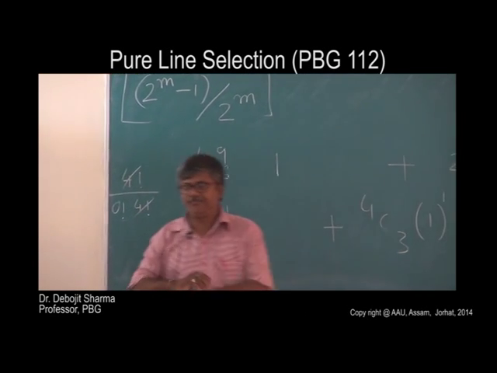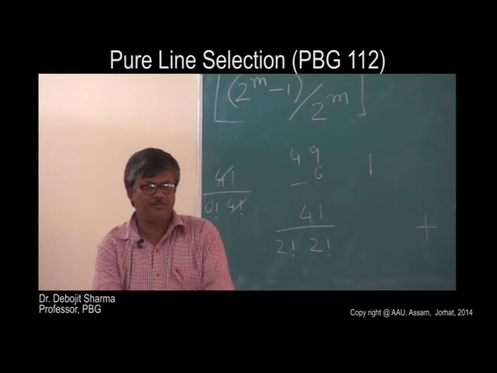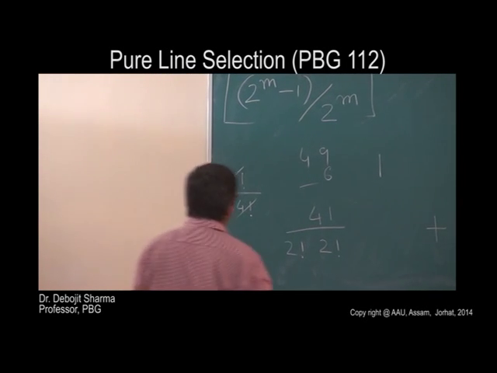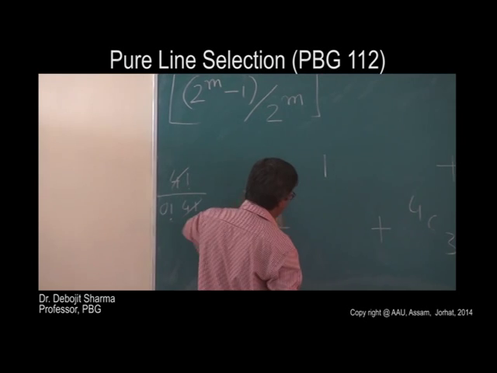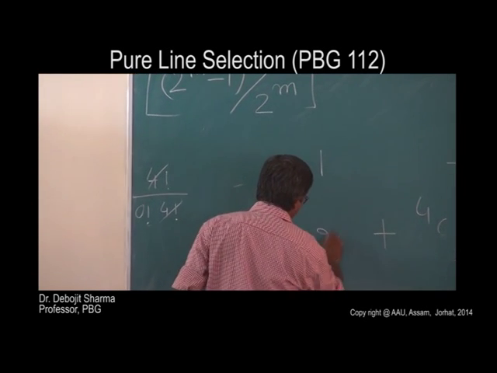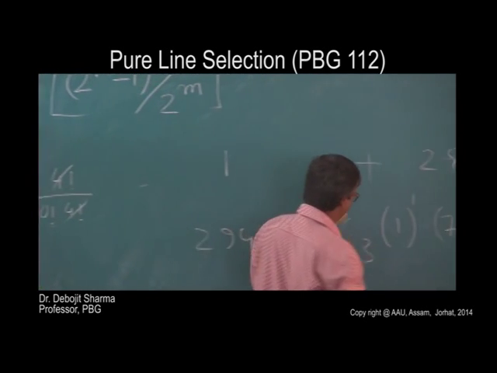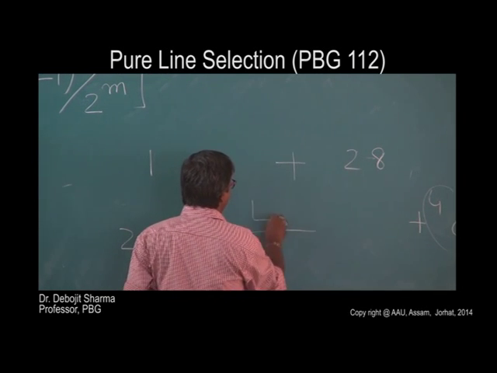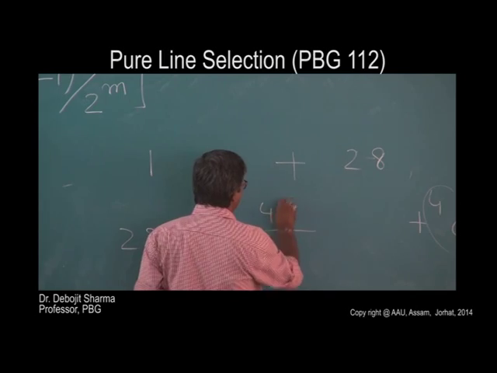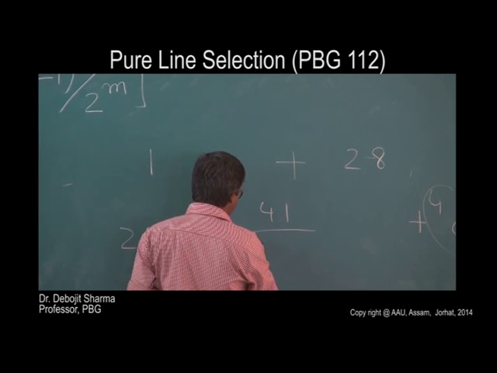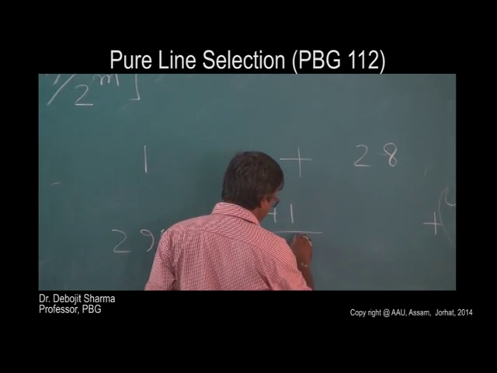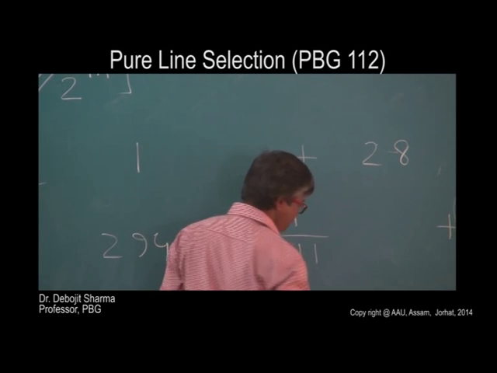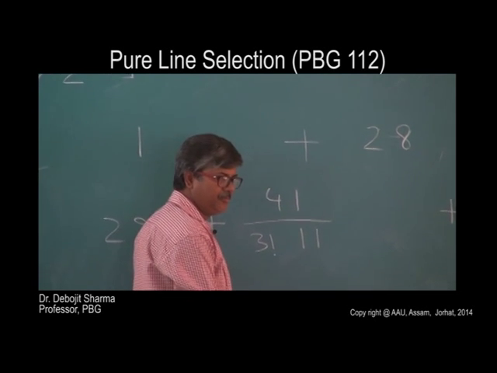Multiply it. 294. Good. 294. Then the fourth term, factorial 4, factorial 3, factorial 1, isn't it? Am I correct?